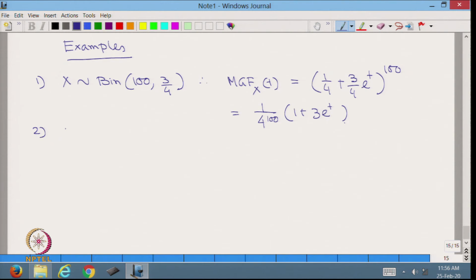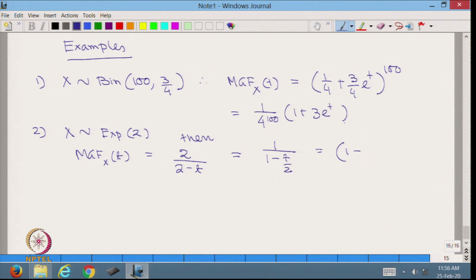Similarly, if x is exponential with parameter 2, then the MGF of x at t is equal to lambda upon lambda minus t, which is 1 upon 1 minus t by 2, equal to 1 minus t by 2 whole to the power minus 1.